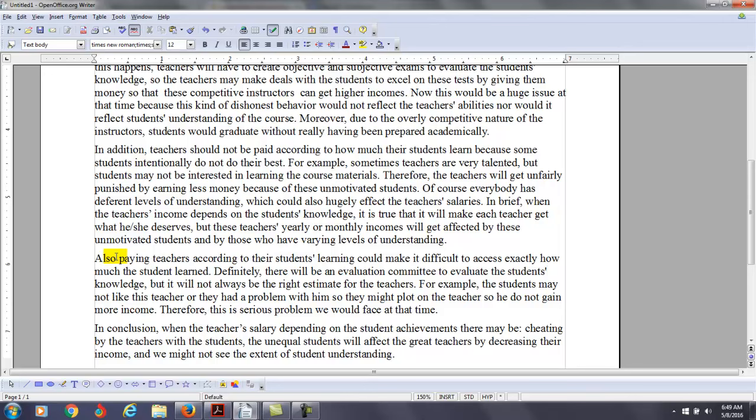For example, the students may not like this teacher, or may have had a problem with him or her, so they might plot.